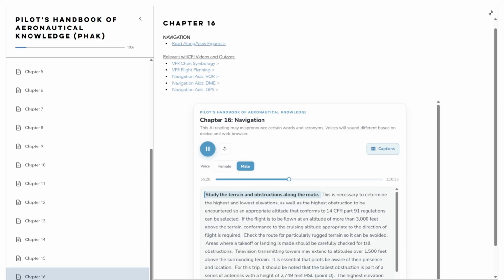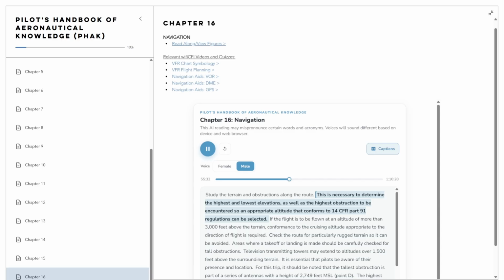Study the terrain and obstructions along the route. This is necessary to determine the highest and lowest elevations, as well as the highest obstruction to be encountered, so an appropriate altitude that conforms to 14 CFR Part 91 regulations can be selected. If the flight is to be flown at an altitude of more than 3,000 feet above the terrain, conformance to the cruising altitude appropriate to the direction of flight is required.